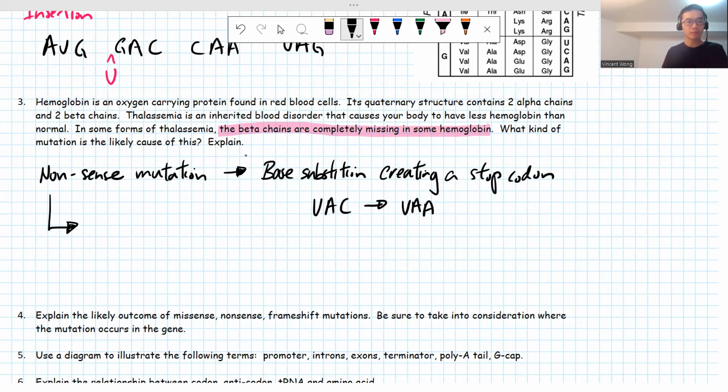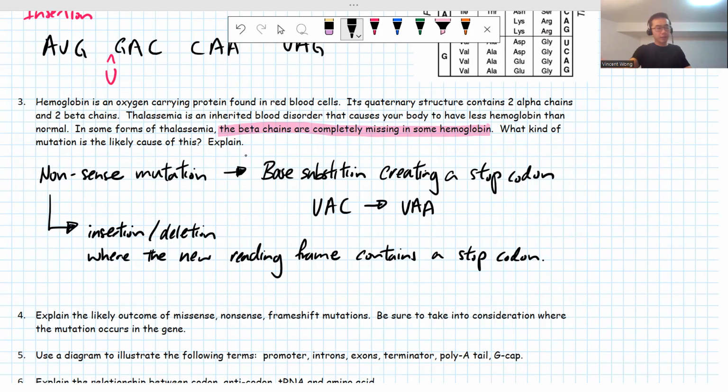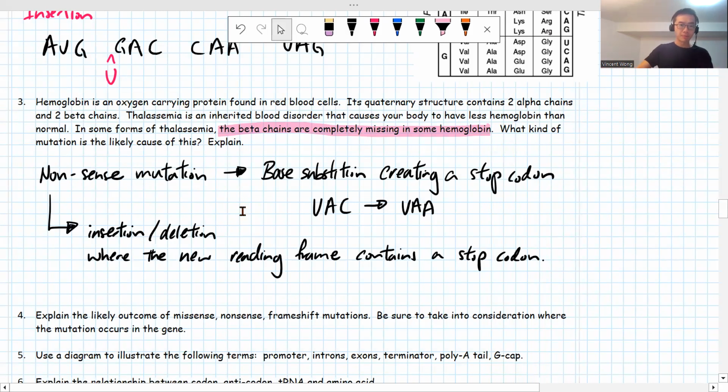That's right, you can have insertion or deletion, where the new reading frame contains a stop codon. So it could be either one of these situations. There's no way you can figure that out based on the question. But the fact that you're missing a whole chunk of hemoglobin tells you that it has to be some kind of nonsense mutation.